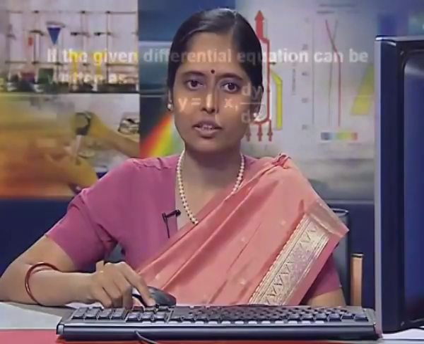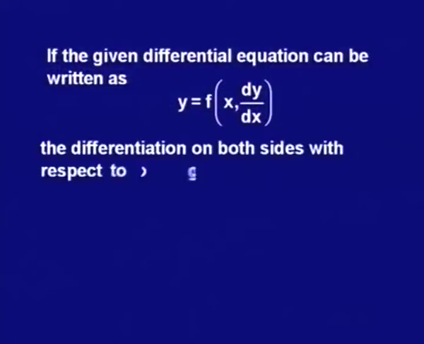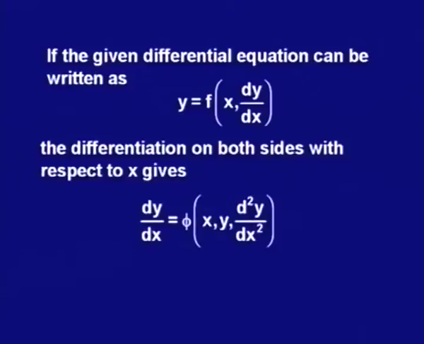Now, if I differentiate this on both the sides with respect to x, what would we get? dy over dx is equal to, let us say, another function phi of x, y and d2y over dx2.